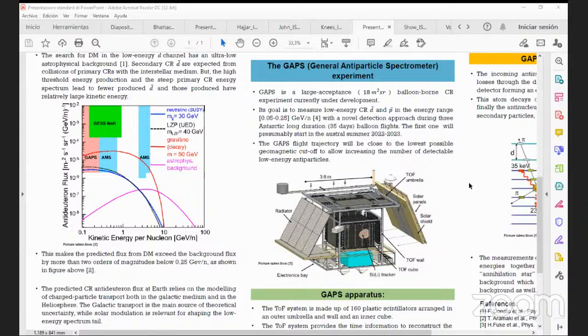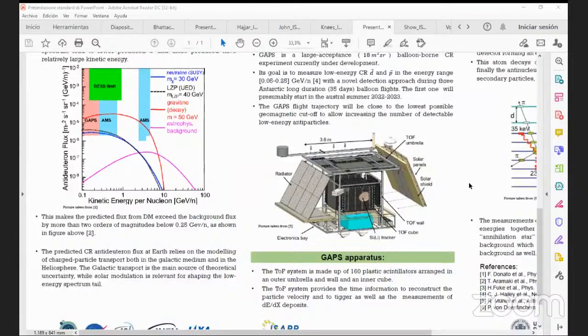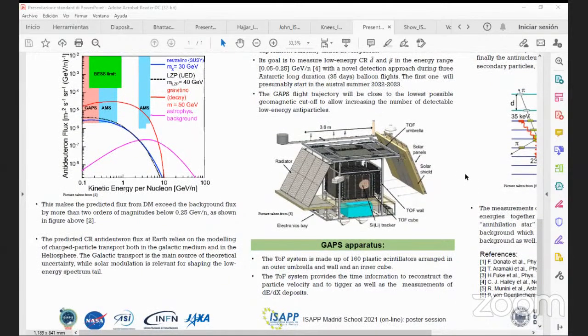In the figure in the middle section, we have the structure of this new apparatus. It will be composed of a TOF system of 160 scintillators. These will be arranged into subsystems: an outer one, which is called the TOF umbrella at the top, and the TOF cube at the sides, and an inner tube of scintillators.